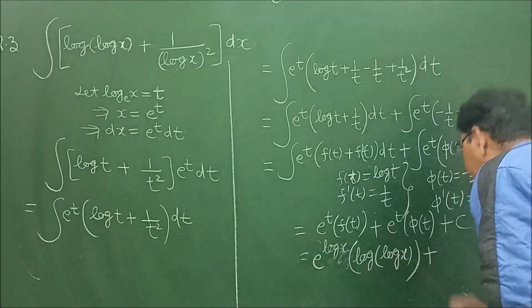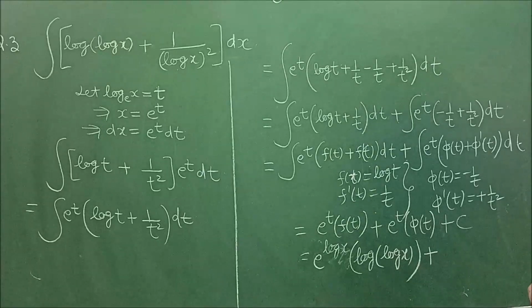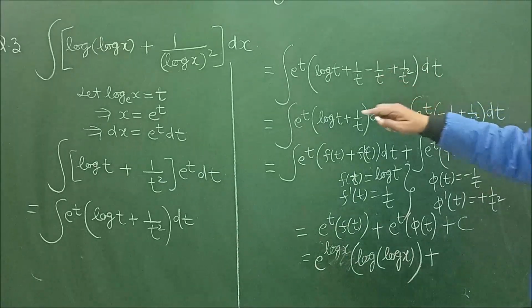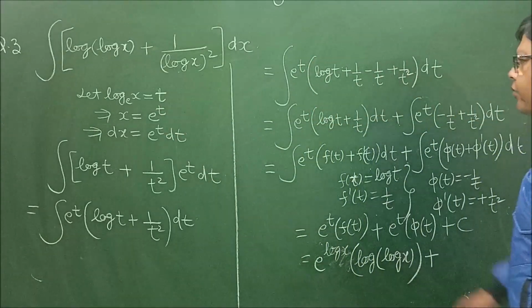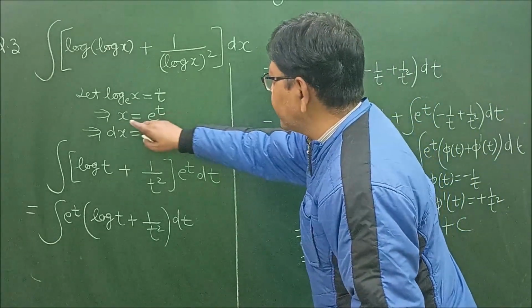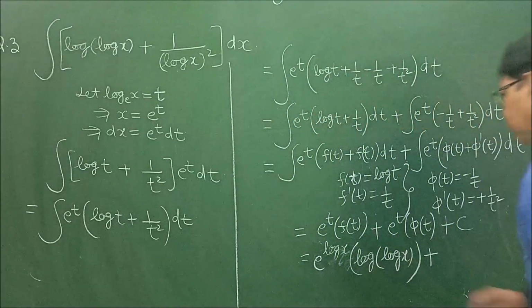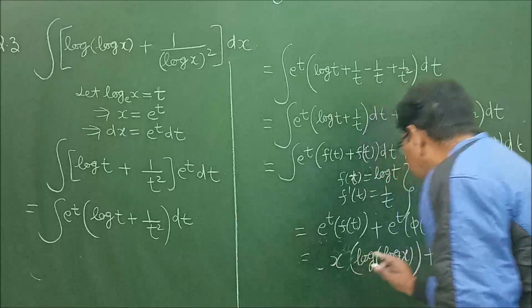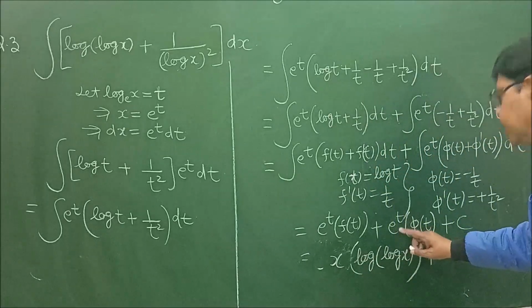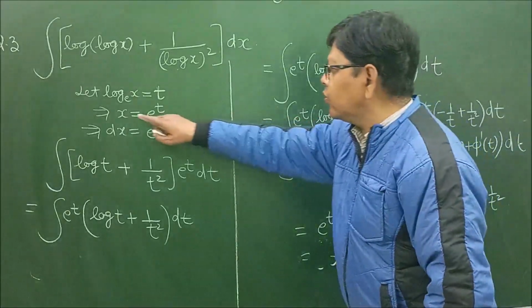Plus e raised to the power t, where t is equal to log x, so e raised to the power t is equal to x. So here also I can directly write x log x plus again e raised to the power t is equal to x.